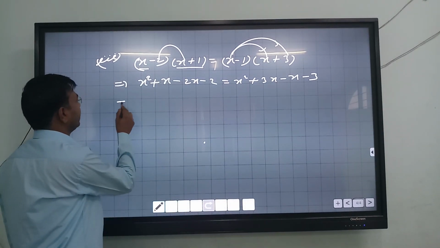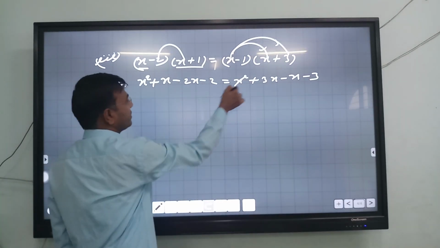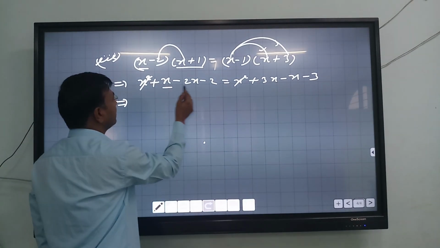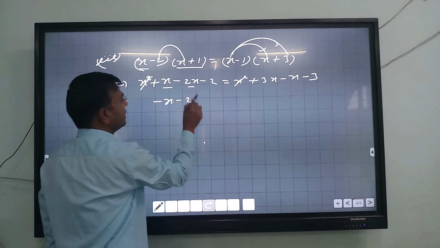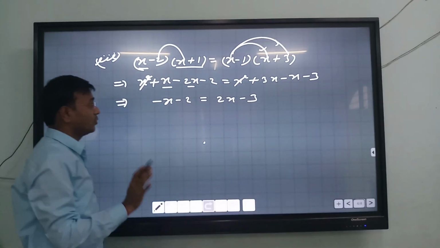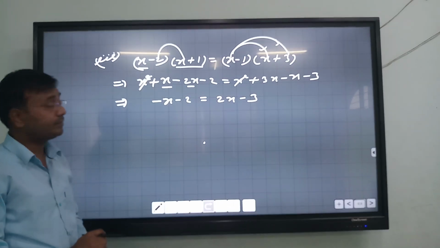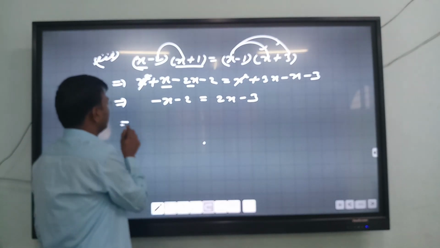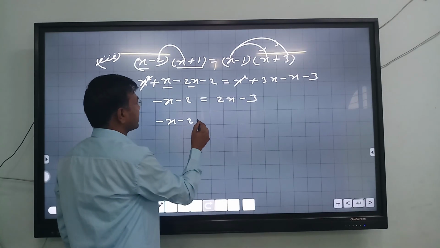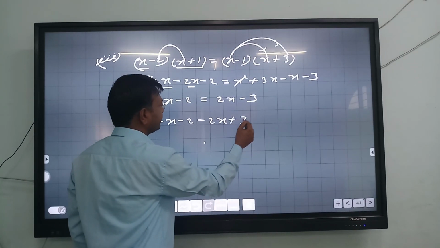Now transposing the variable to this side, clearly we see x square can be cancelled because they are of the same sign, and this becomes minus x minus 2 equals 2x minus 3. So we find that there is no x square. In the answer you will write that this is not a quadratic equation, but you need to simplify.